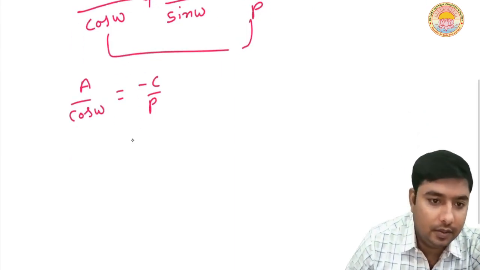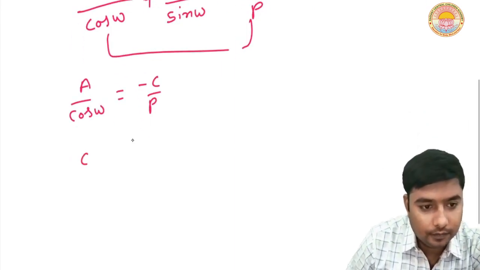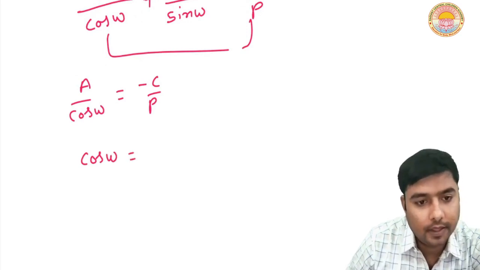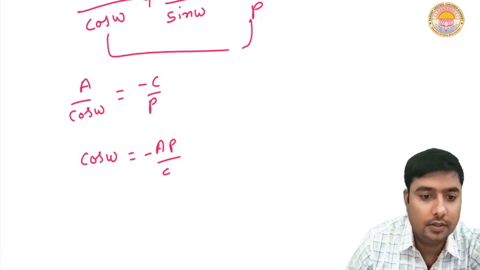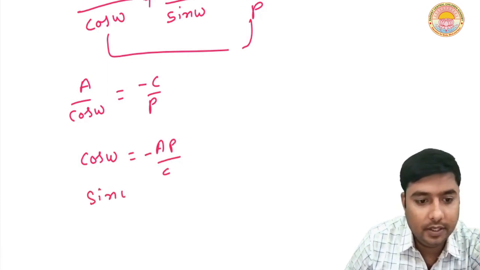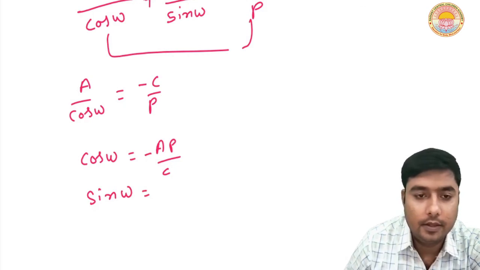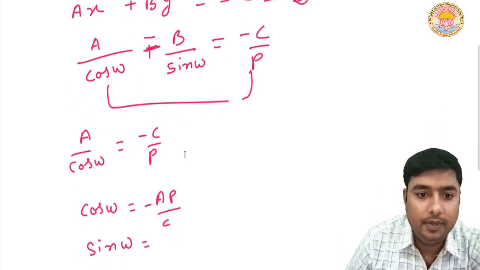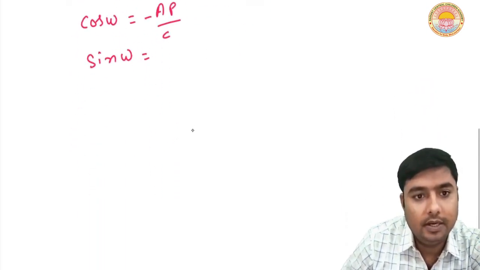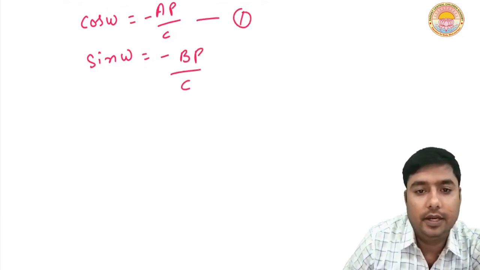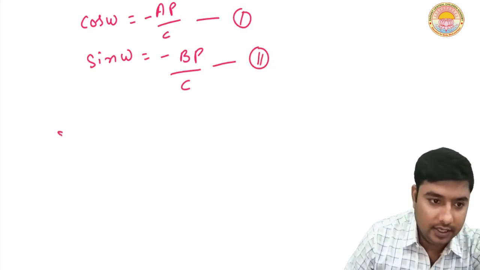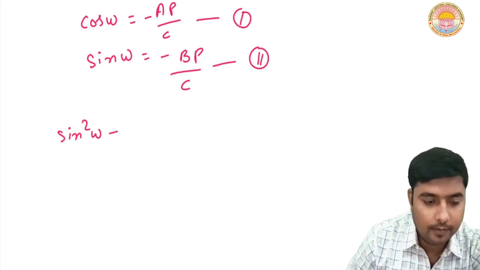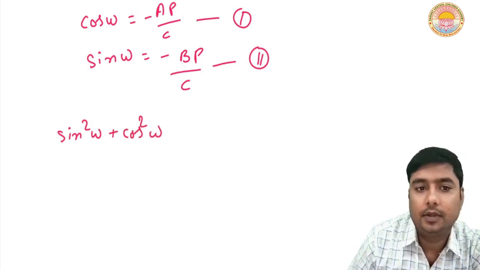Then cos omega equals minus AP upon C, and similarly sin omega equals minus BP upon C. Now squaring and adding both equations, sin square omega plus cos square omega equals what?